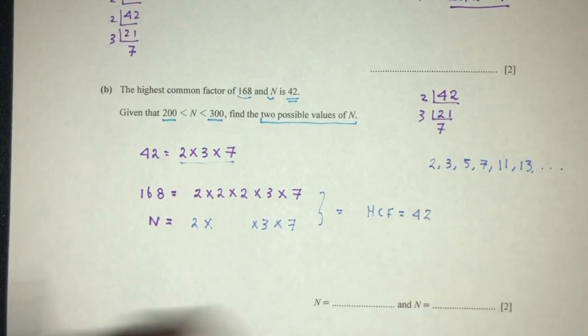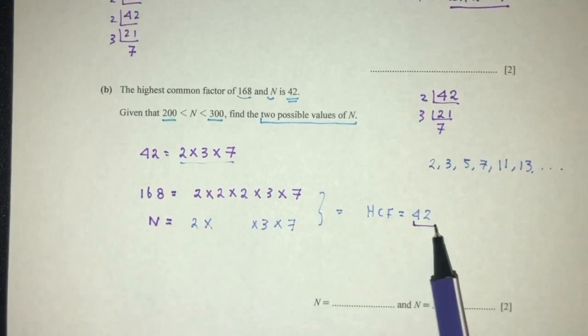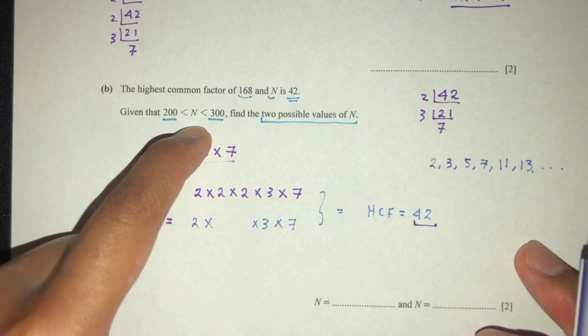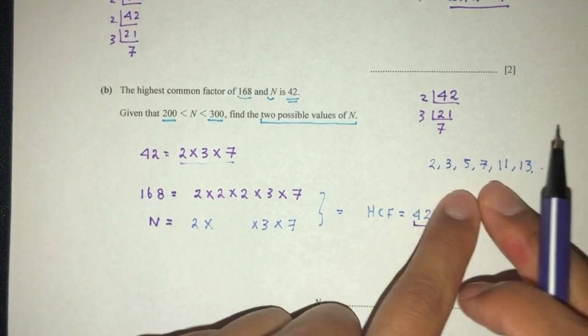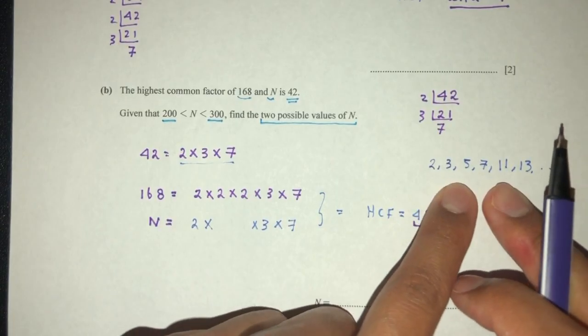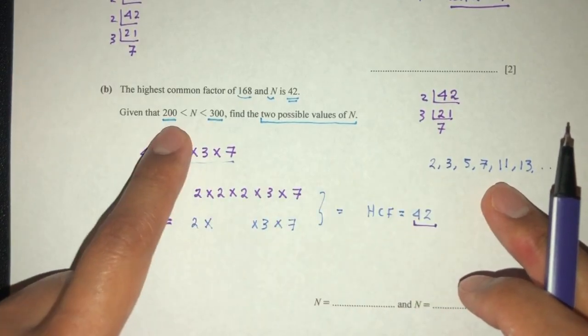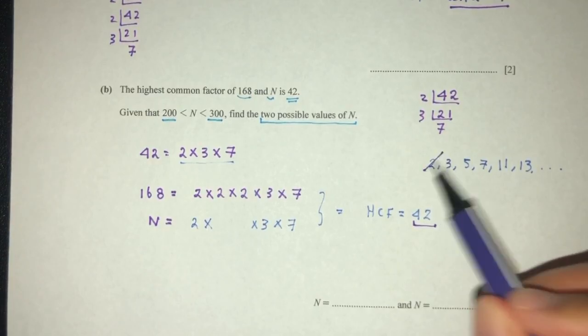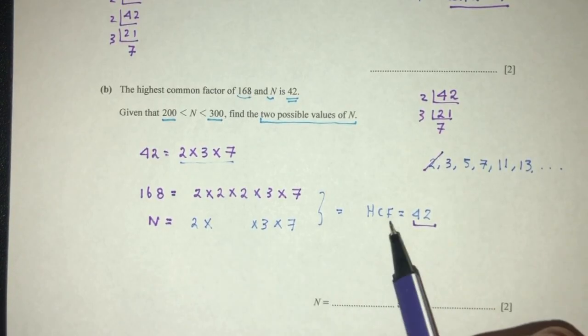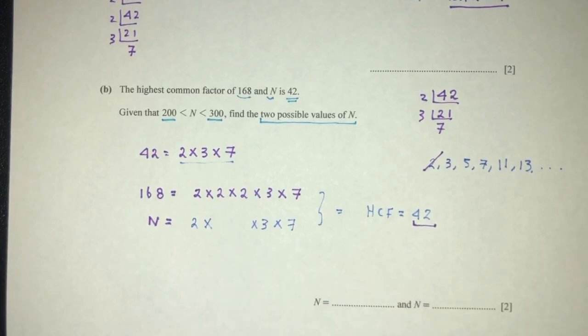So we at least know that. But now, because 42 is not between 200 and 300, we have to choose which values we can take so that n is between those two. Now, can I choose 2? No. Why? If you were to choose 2, your HCF will change because it will match with another 2.